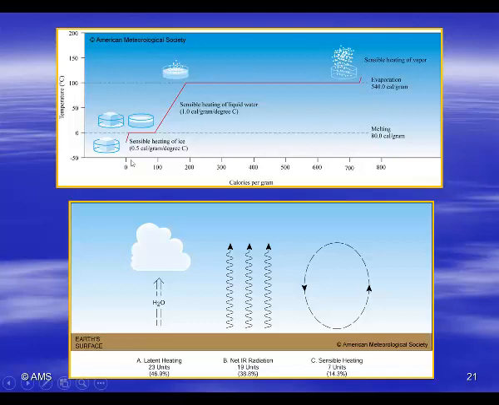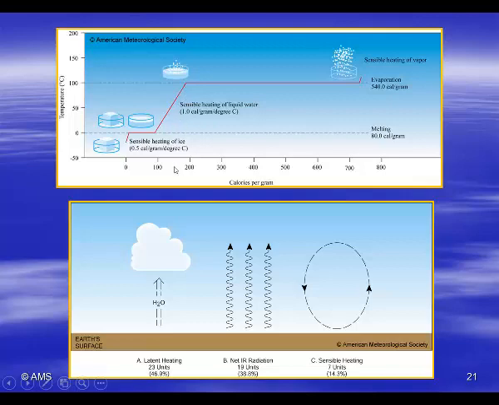Notice that our x scale here is the calories of heat we added. Notice that it doesn't take much heat to warm the ice. It takes a significant amount of heat to change the ice into water. But look at how much energy it takes to change the water into steam.